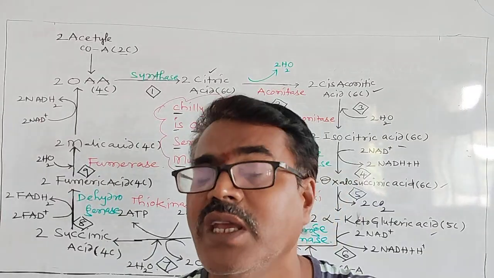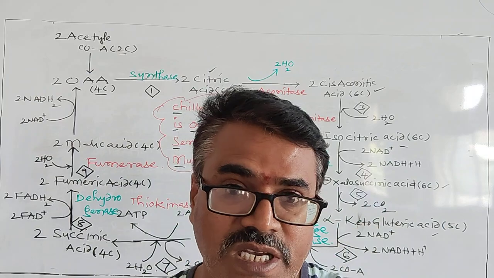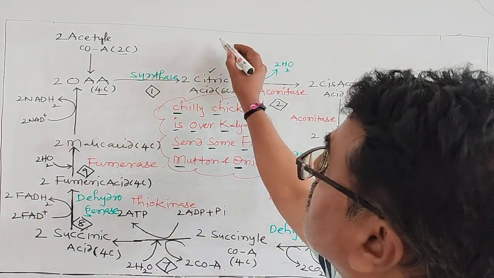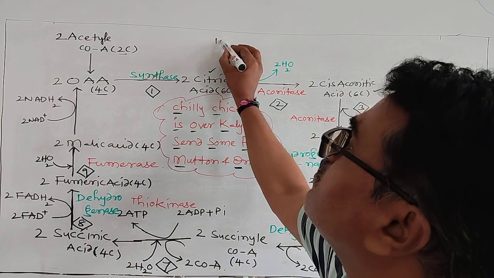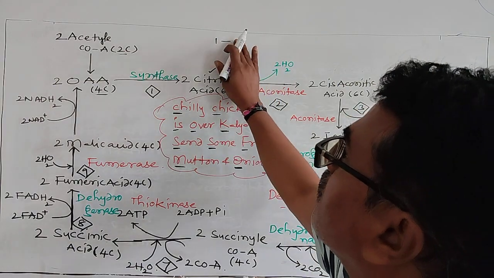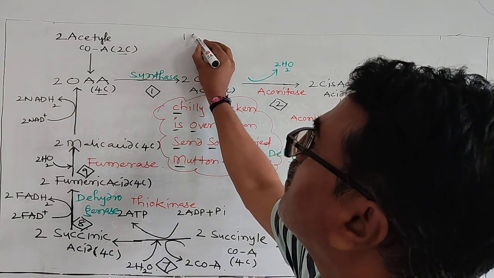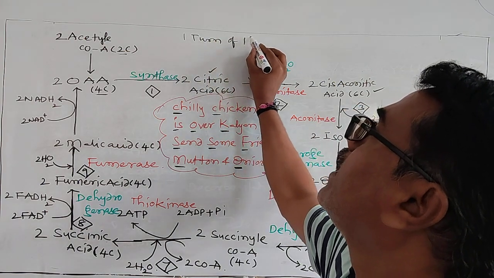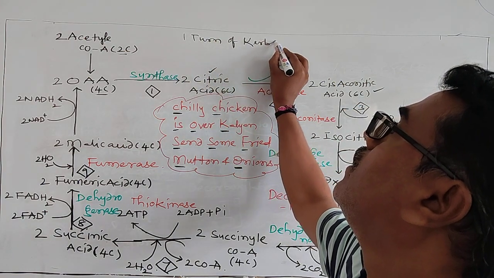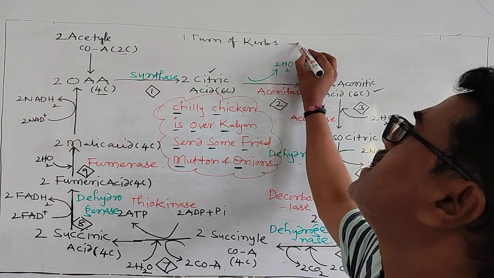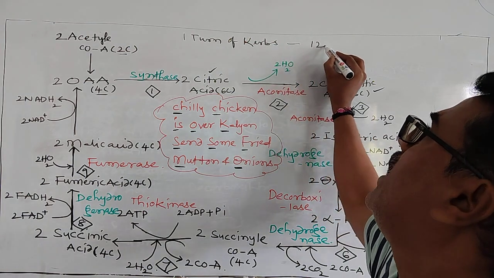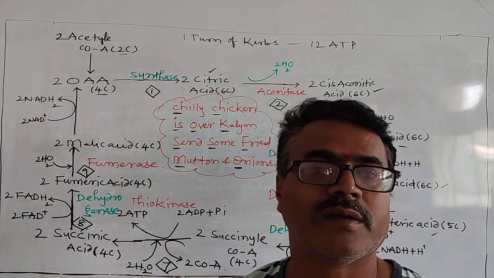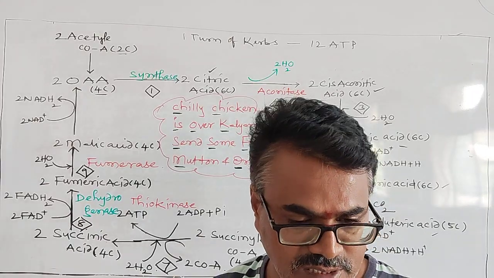It is very, very important for objective exams. One turn of the Krebs cycle synthesizes 12 ATP.